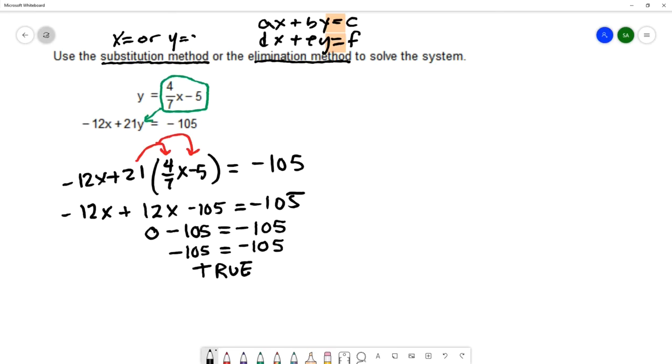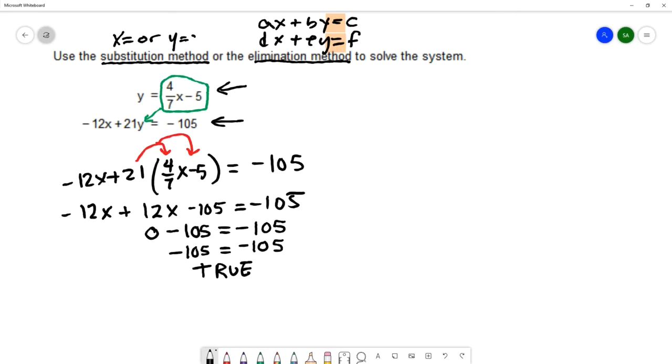And because we ended up with a true statement, we know that this is the special case where these two lines, this equation and this equation, happen to be the same line. So they are the same line that are right on top of each other.